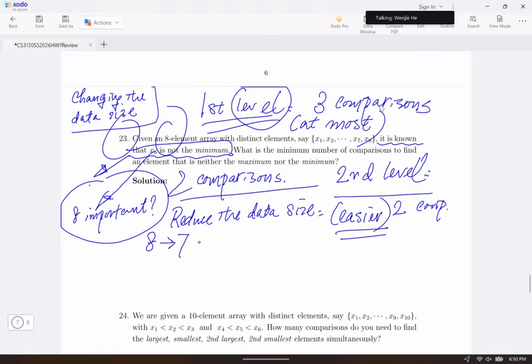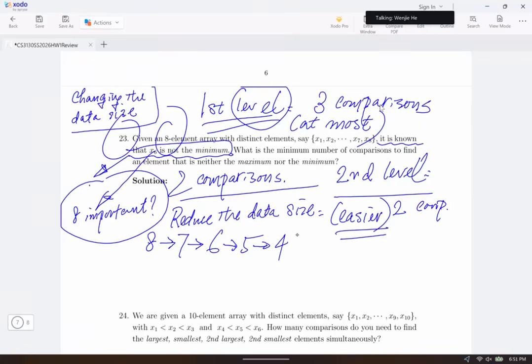From the difficulty level almost the same, can we reduce the size another time from 7 to 6? Reduce one more, because it looks like the size is not that important here. How about reducing as much as we can?